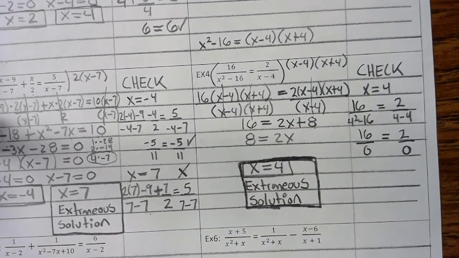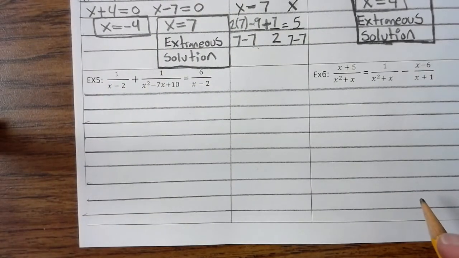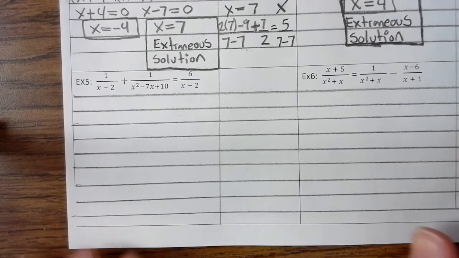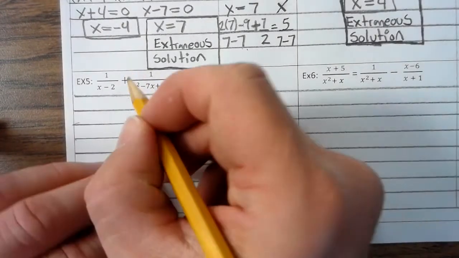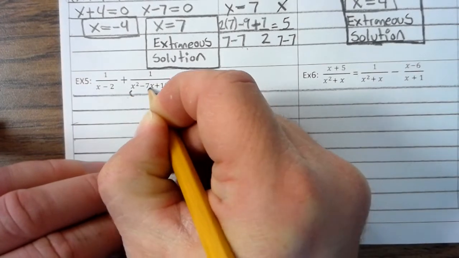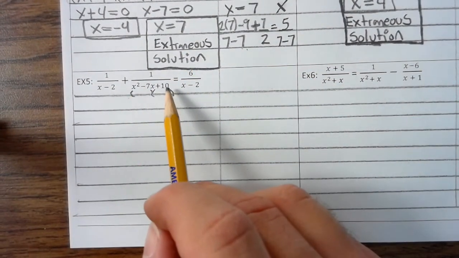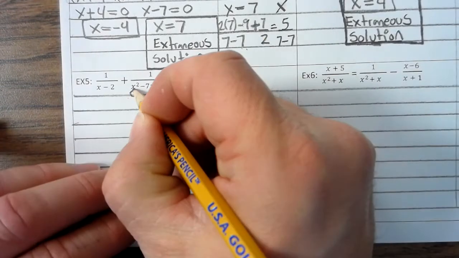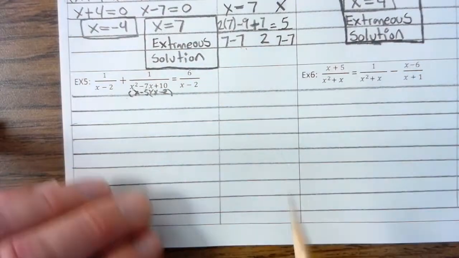All right, now let's take a look at example 5. Wow, example 5 looks fun. All right, so what you have to do first is kind of figure out what this factors to be. And so you think about what combination makes 10 and negative 7, and that is negative 5 and negative 2.